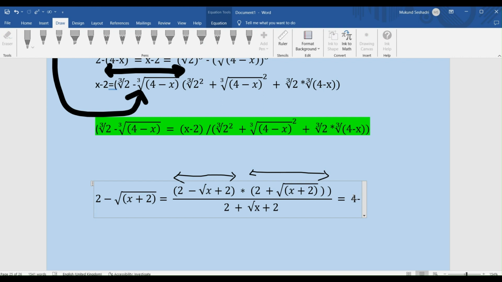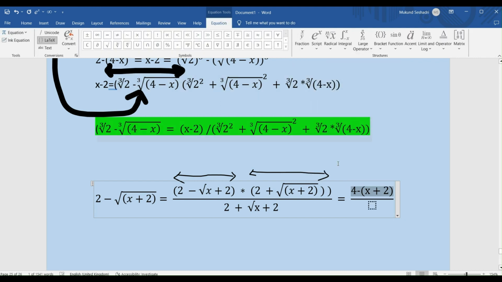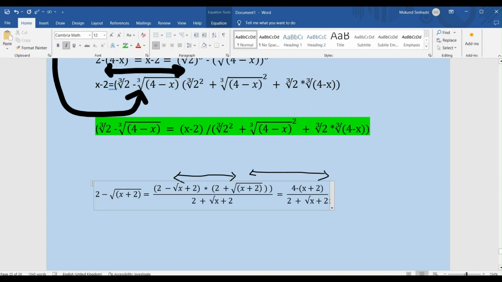So what is my a? My a is 2, and what is my b? It is square root of x plus 2. So square root of x plus 2, the whole square becomes x plus 2, right? So we are left with... this is nothing but minus of 4 minus x plus 2, which becomes minus of x minus 2, right?